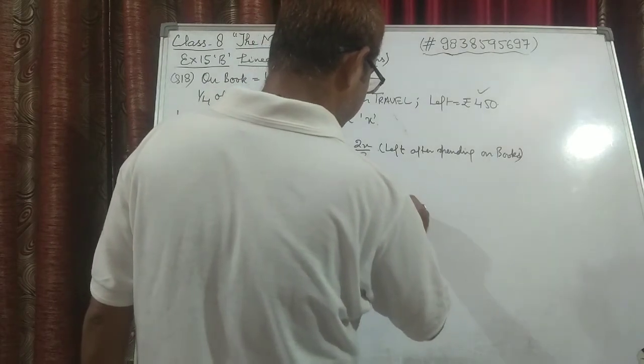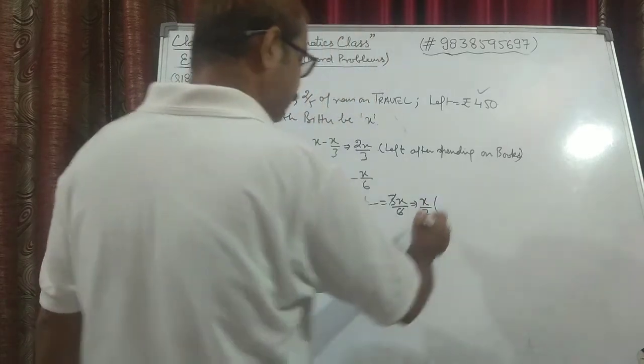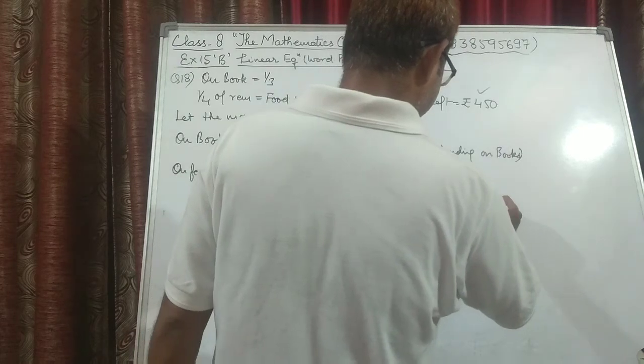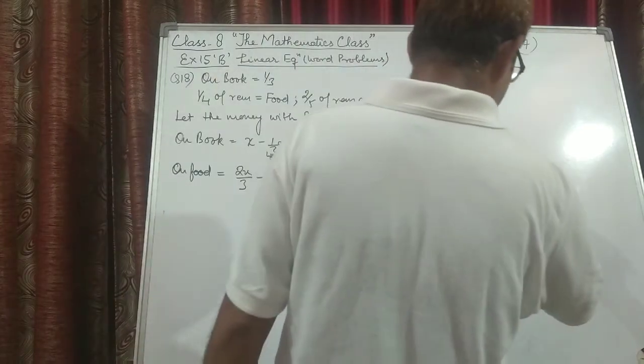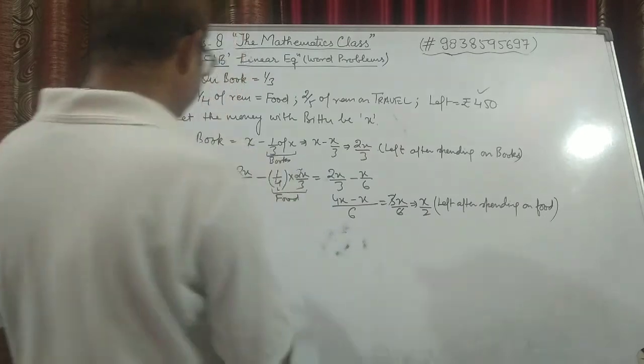That can be reduced to 3 ones are 3, 3 twos are 6. It means x upon 2. This much amount is left after spending on food.